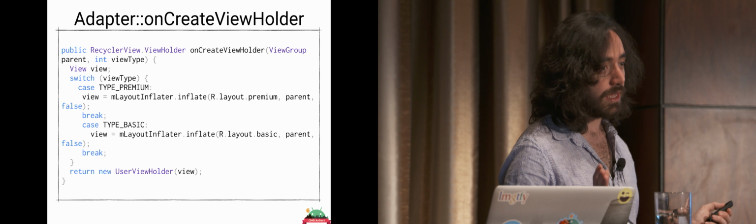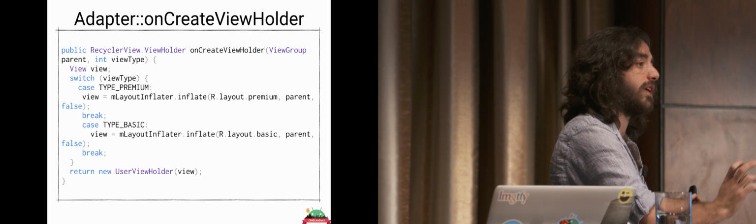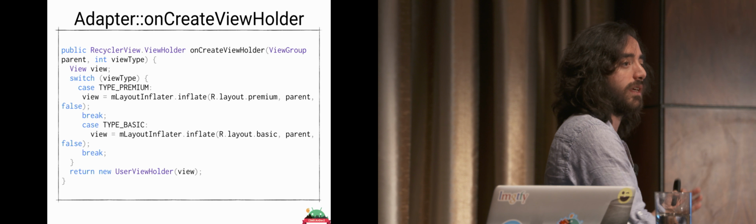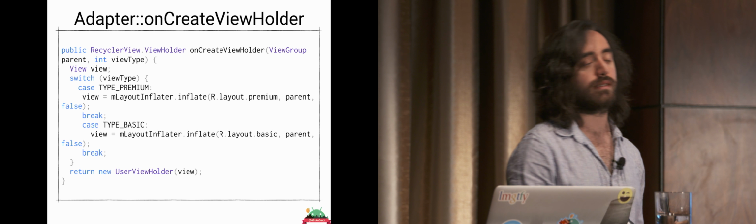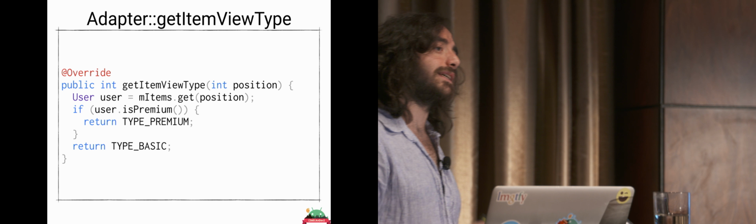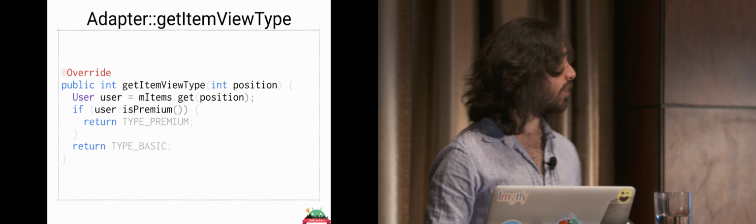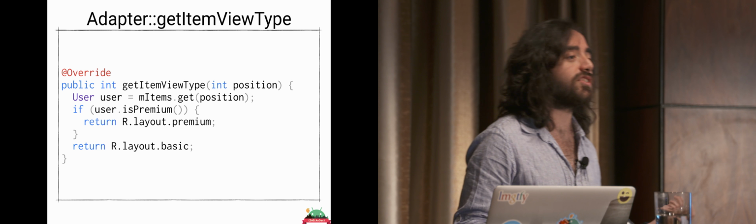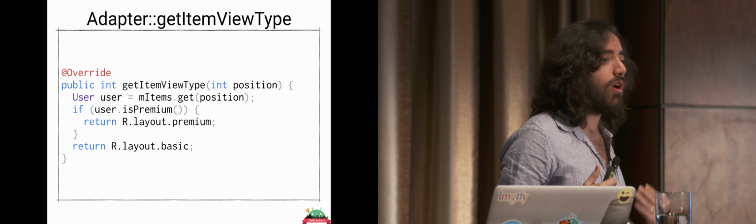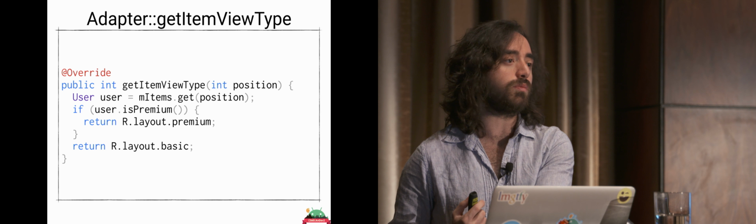Now, this is okay, but it's not great because now you have 2 different code pieces. They're actually supposed to work in sync, and you may break this. You have to test this very well. We could do a nice little trick that works around this issue. Instead of returning a type, just return the layout. We know these layout numbers are integers, they're auto-generated, and they are guaranteed to be unique.